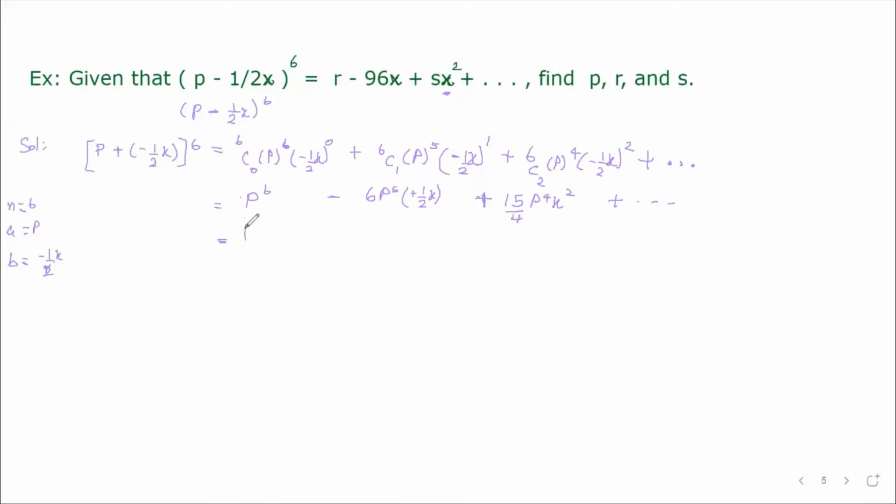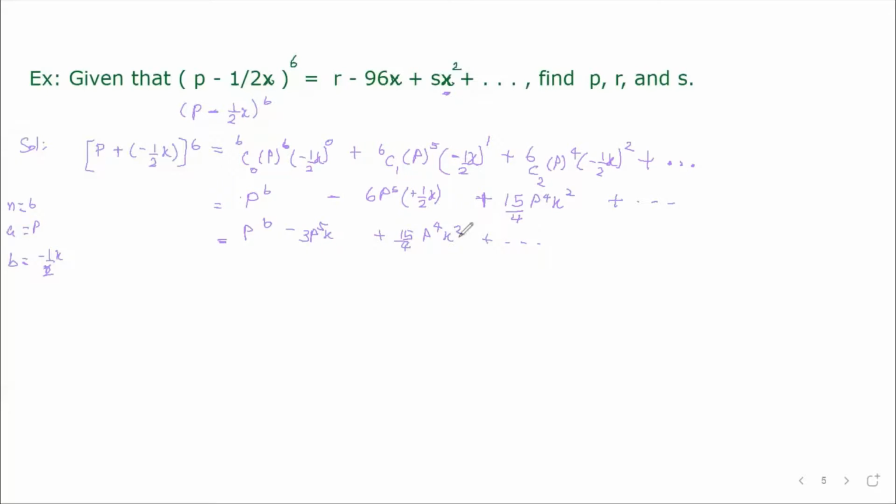So it becomes p to the power 6, minus 6 over 2 can cut, becomes 3 p to the power 5 x, plus 15/4 p to the power 4 x to the power 2, and then plus dot dot dot.